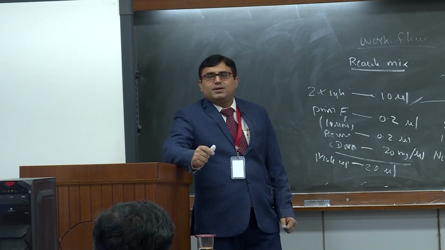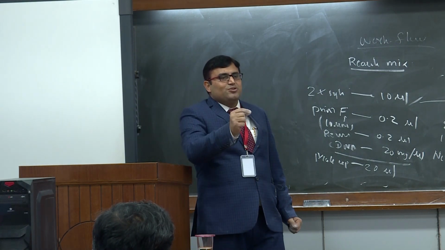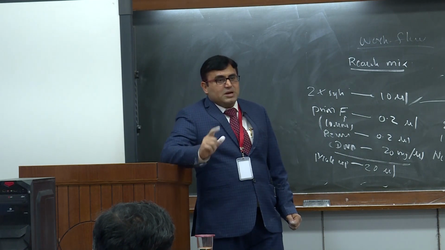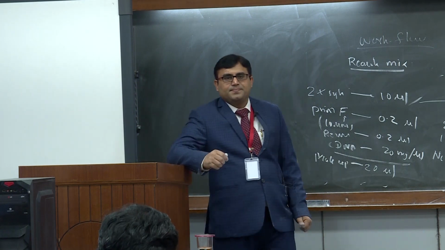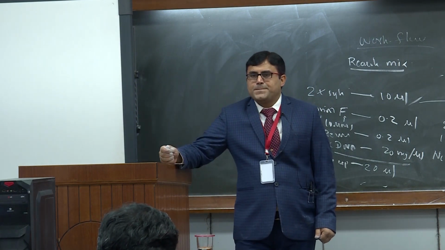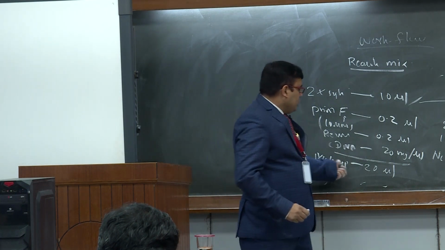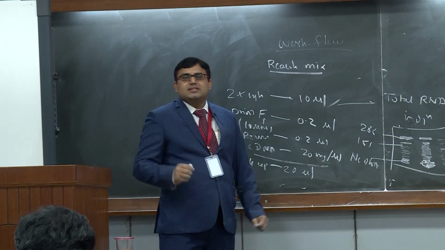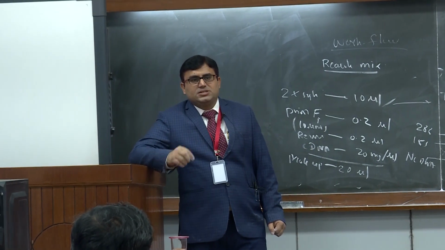Then cDNA, whatever you have synthesized, quantify it, make it into 20 nanogram or maybe 100 nanogram per microliter, and then take 1 microliter out of this. Okay, then make up the volume to 20 microliter. So this is the reaction mixture for one reaction volume.